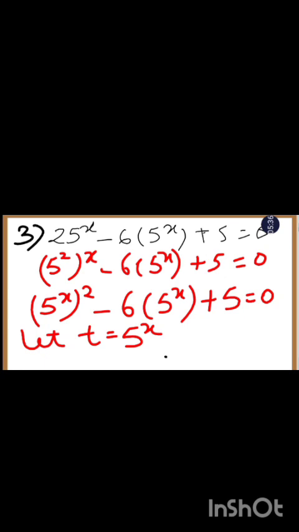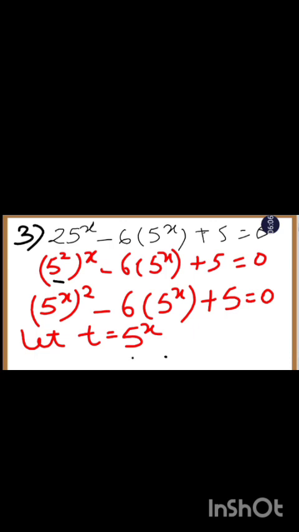25 on its own can be written as 5 squared, and 25 raised to the power x is 5 raised to the power 2x. Remember, we just did the laws of indices: a raised to the power m, all raised to n, is a raised to the power m times n.